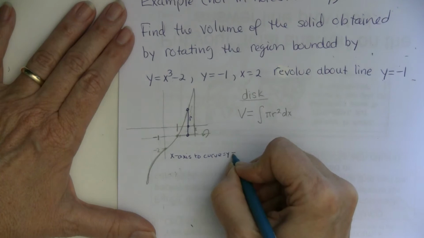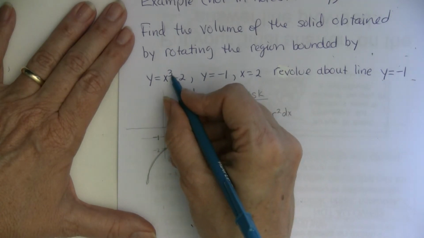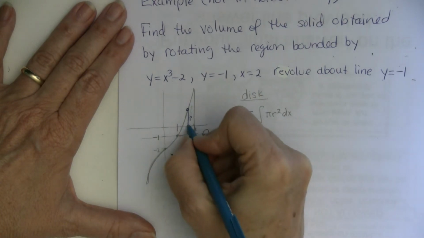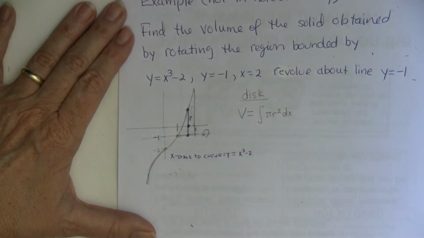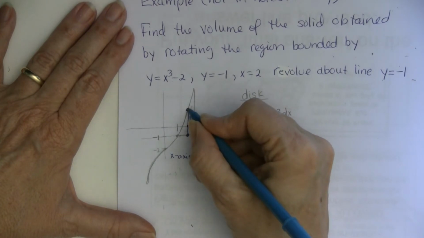And in fact, in our case, we want everything in terms of x. That distance is x to the third minus 2. But that distance from here, the x-axis, to the curve is not r. R is the distance from here all the way to there.